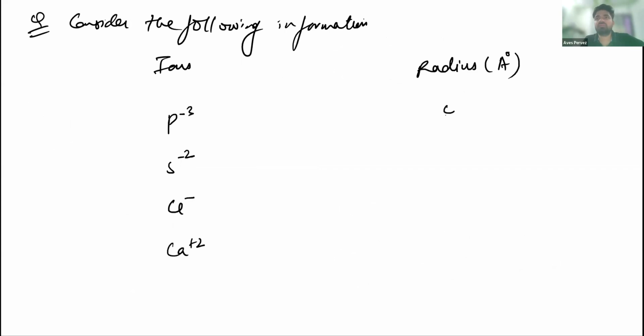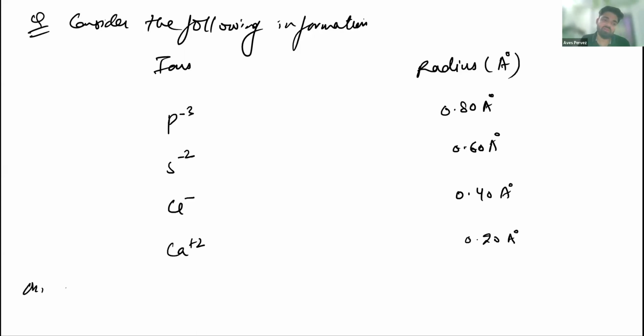The radii are 0.80 angstrom, then 0.60 angstrom, then 0.40 angstrom, and finally 0.20 angstrom. Got it? Phosphorus 3 negative, then sulfur 2 minus, then chlorine minus, and then Ca2 positive.